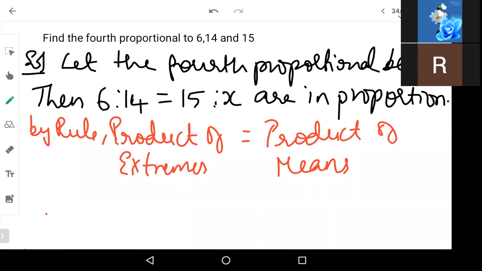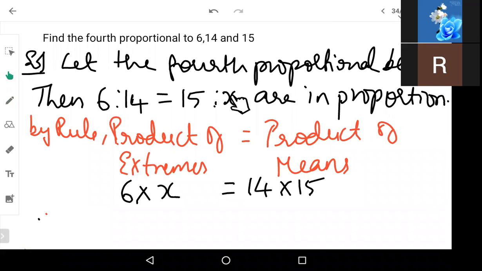So product of extremes, we have the extremes, we have the means. Now let us use this rule and let us calculate. So product of extremes is 6 into x is equal to product of means is 14 into 15. These two are extremes and these two are means. Now simplify. 6x is equal to 14 into 15 is 210.